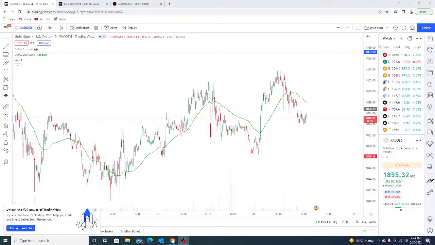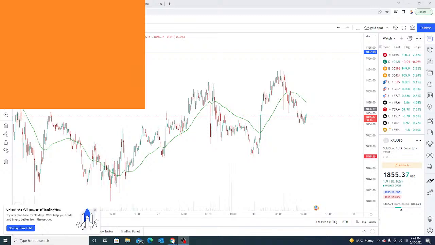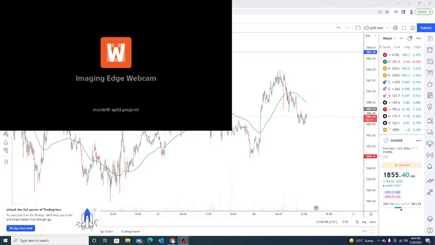Not detecting at all. Show me. Shall I create the new? Yeah. Okay. Click OK. Still it's not showing.